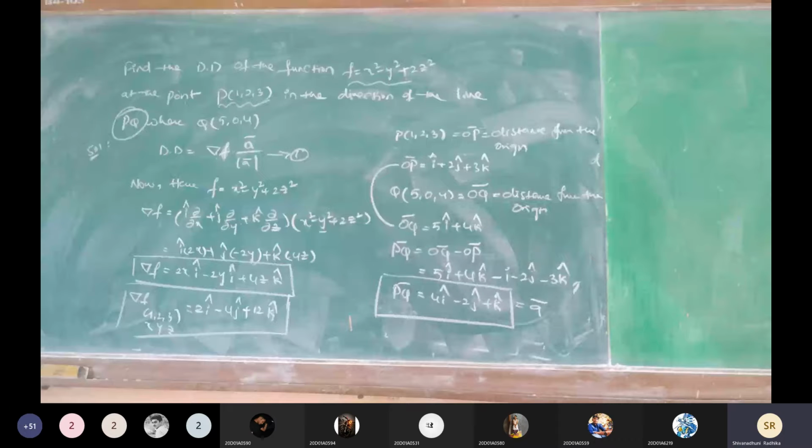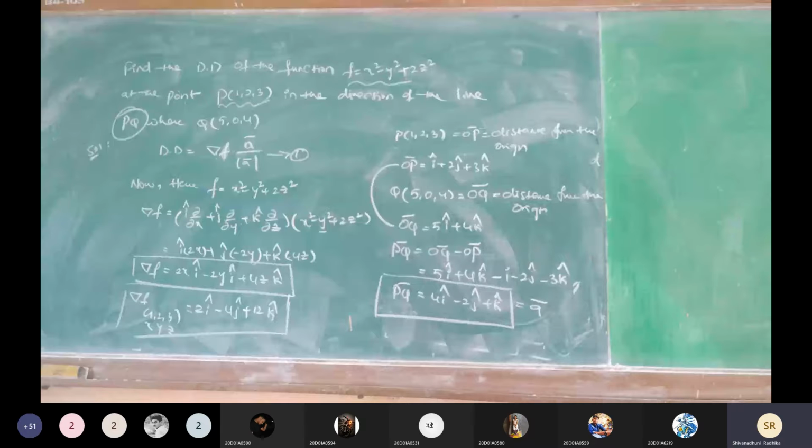Now, here this is small a, this is small b, and this is small c. Put small a, small b, and small c in equation number 1. So this is equation number 1, that is the directional derivative. Directional derivative equals del f dot A bar.